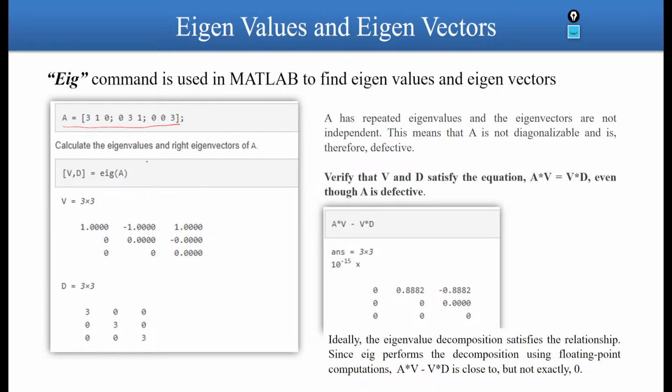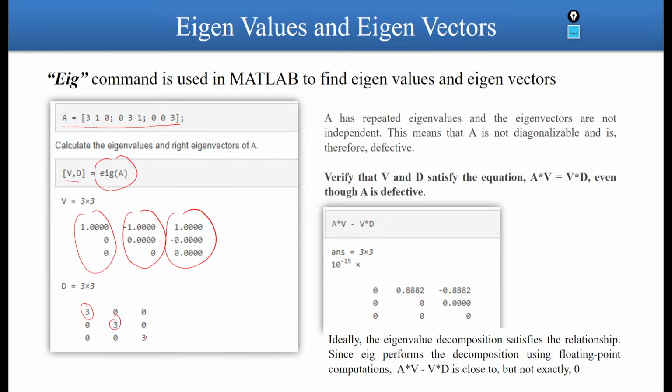Okay, so to calculate eigenvalues and eigenvectors, [V, D] is equal to eig(A); this eig function is inbuilt in MATLAB. We will use it. So this will give V and D. These are the eigenvectors, and D will give us the diagonal.